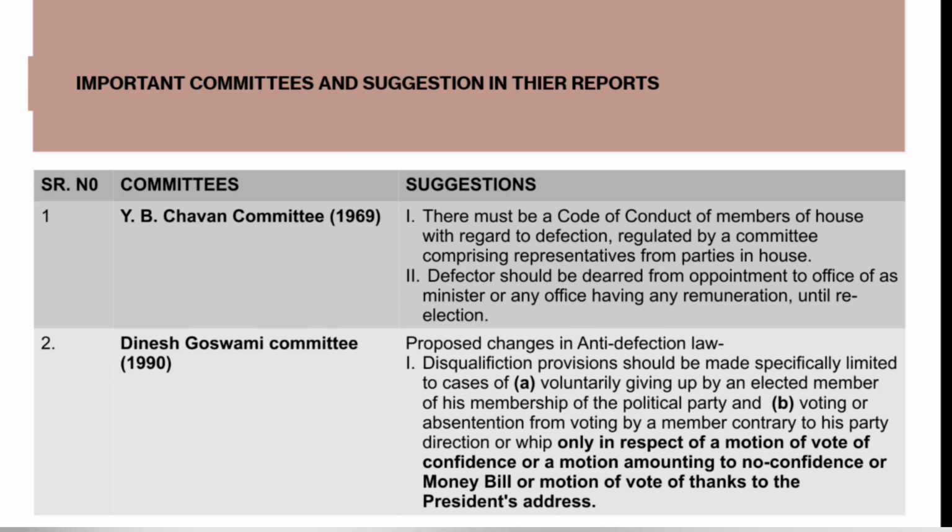I have reproduced some of the important suggestions given by the committees. I'll not be discussing it, but I'll share the slides so that you can read, and if you find any suggestions, you must see what suggestions were given by the committees and actually were added to the provisions, and that can also help in understanding what further changes are required for the future under the 10th Schedule.